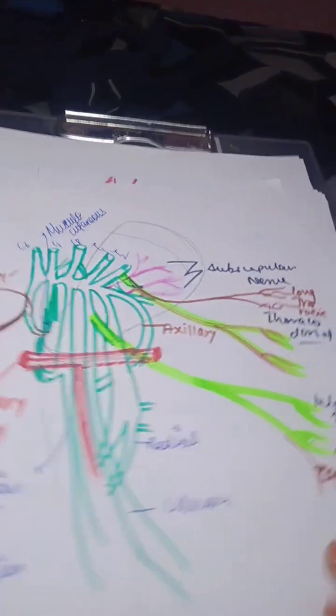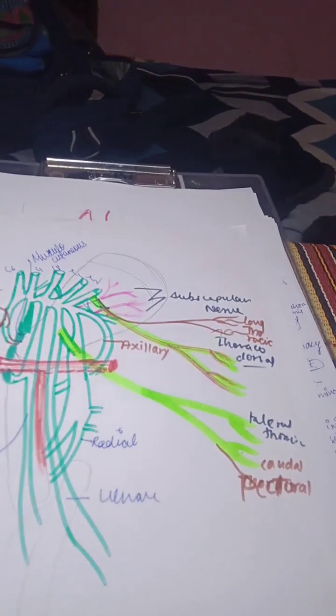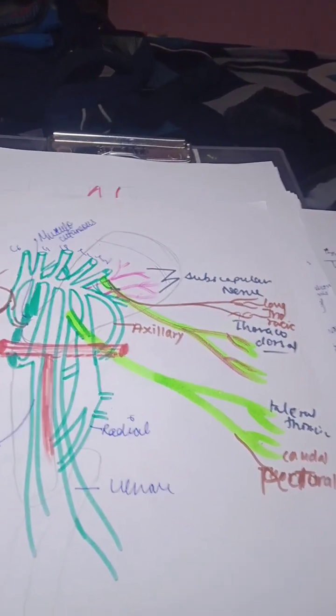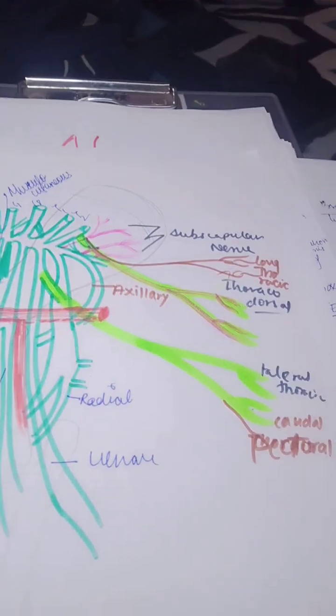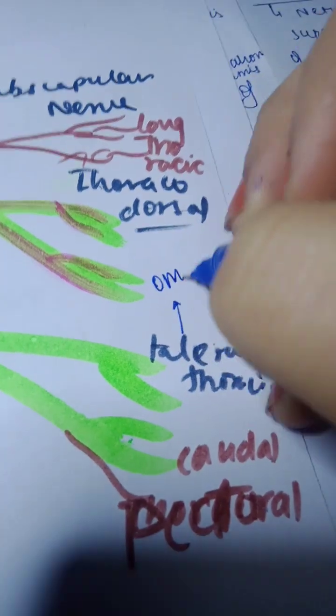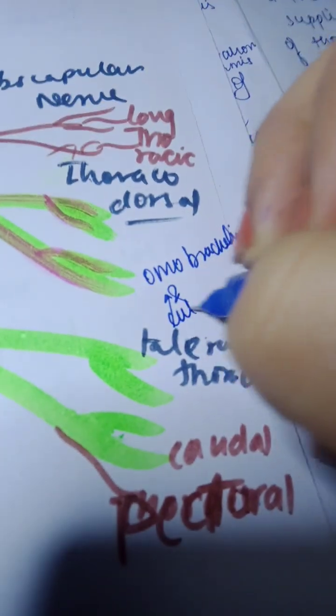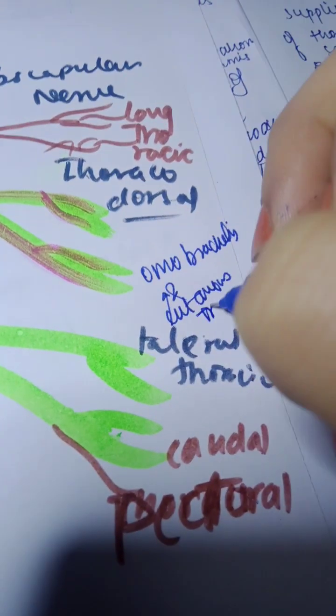So this is a long thoracic nerve and it supplies the cutaneous trunci and omobrachialis. We will write with it: it supplies omobrachialis and cutaneous trunci muscle.